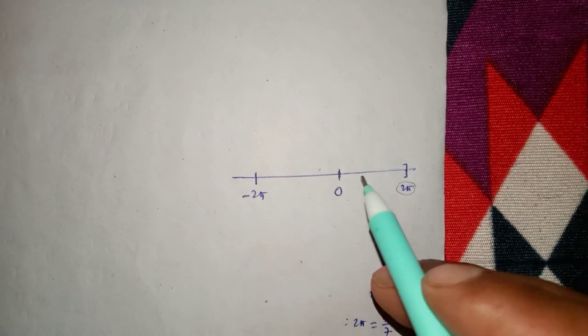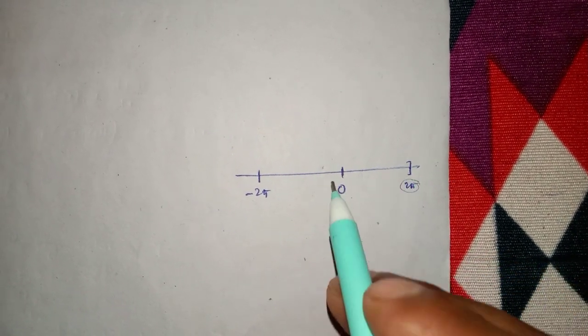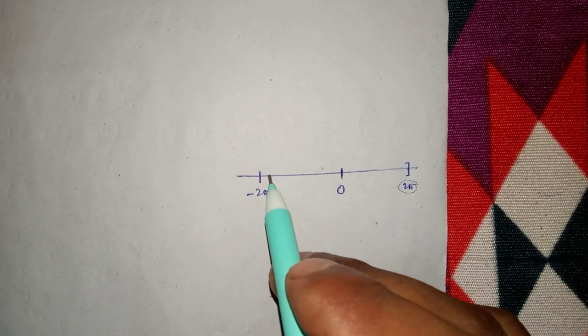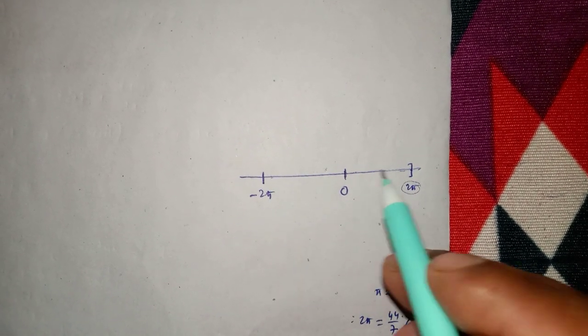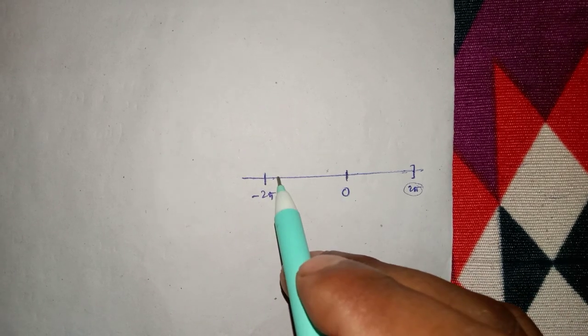So therefore there are 6 integers here, 1 to 6, and here also 6 integers, minus 1 to minus 6.